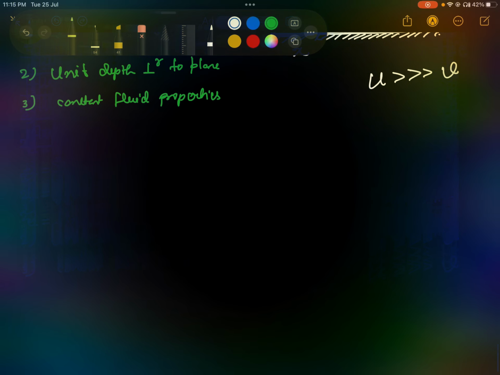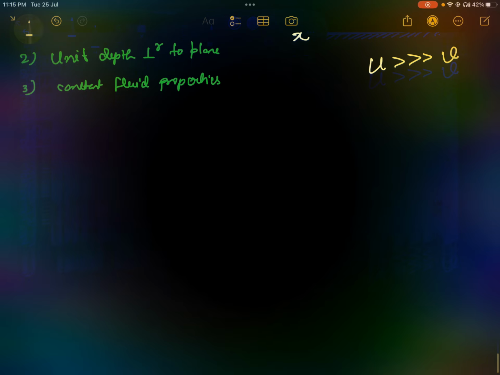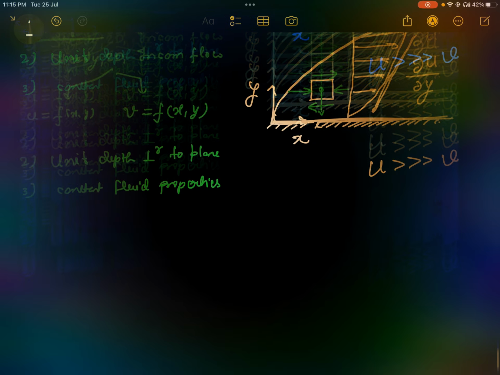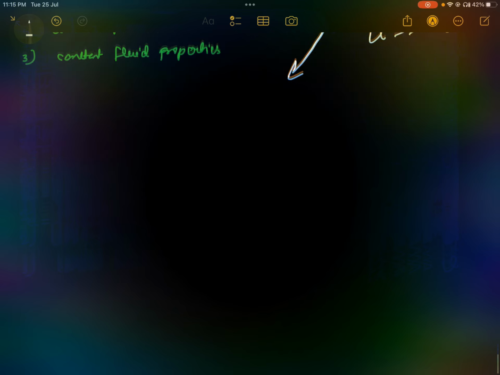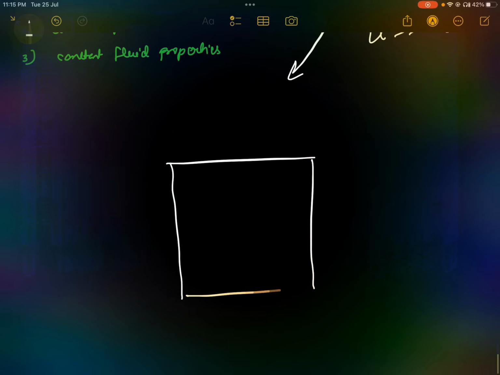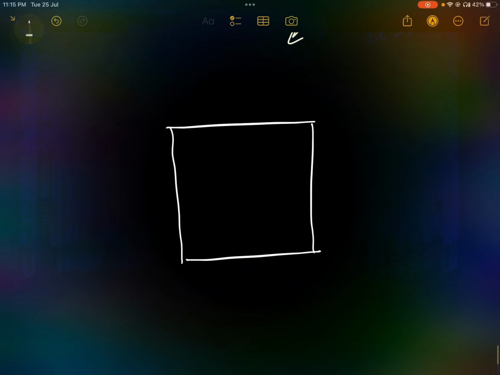So let us find out what forces will apply on that. Now let us just keep this fluid element here. There will be some mass of this fluid element, let's say mg, gravity force.